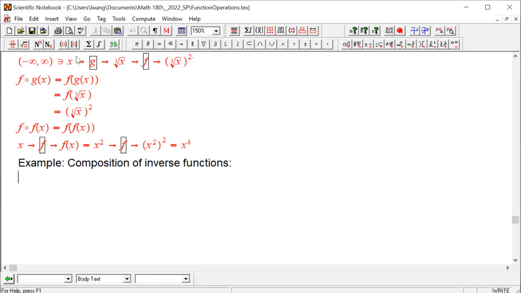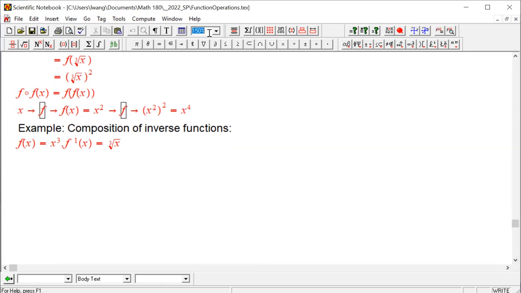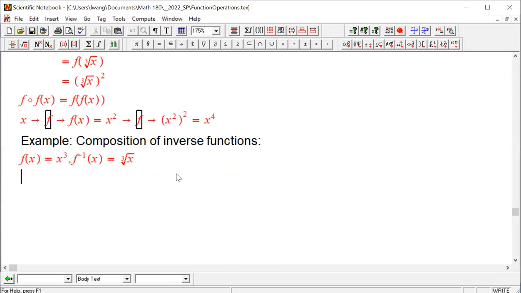Last time we talked about f of x equals x raised to the power 3, and we have also found its inverse, which is the cubic root of x. We talked about their domain and range. Their domain and range are the same, right? And we did the graph. So let me make the fonts a little bit larger so you can see the negative sign on the shoulder.